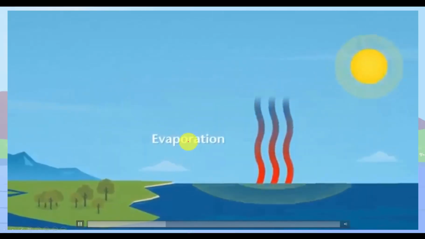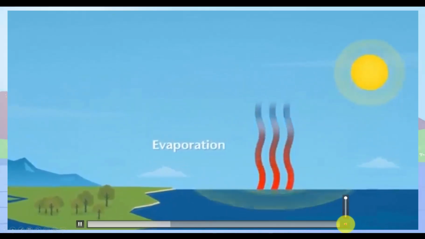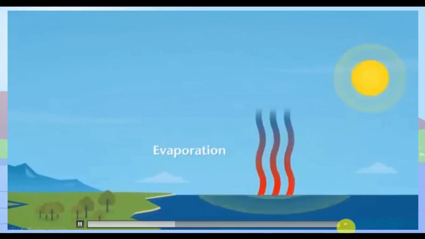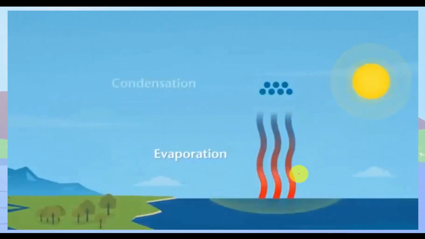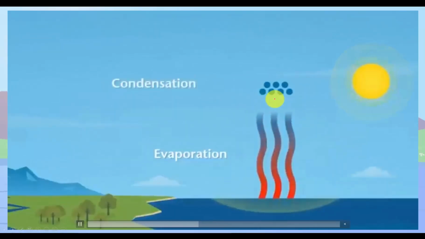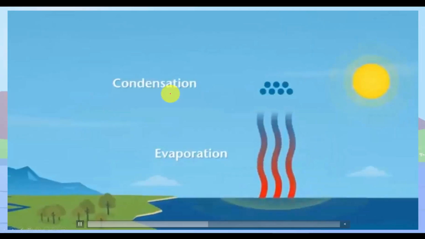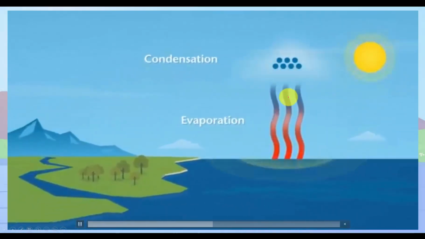And the further you move up and away from the Earth's surface, the colder the temperature gets. So these are combined by rising temperature and decreasing temperature. And when it reaches the sky, the condensation process takes place, transferring water vapor into water droplets.